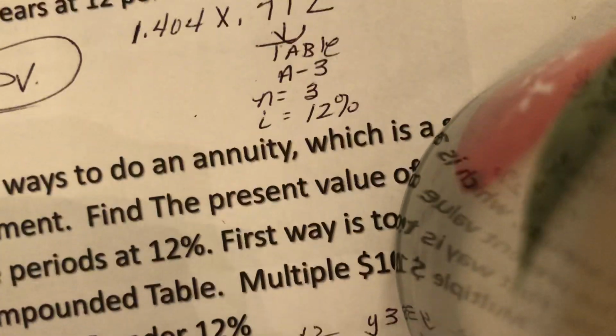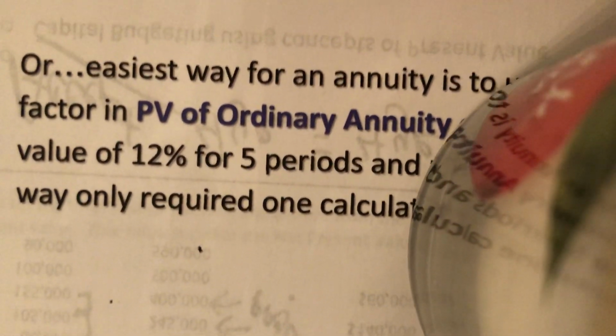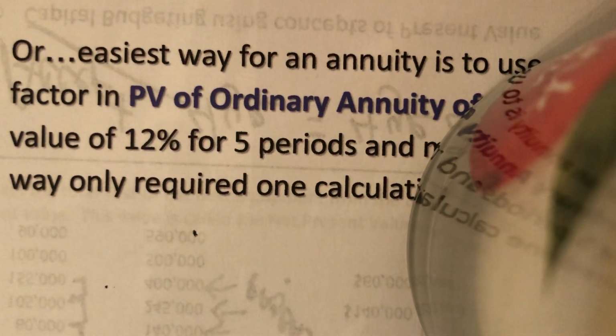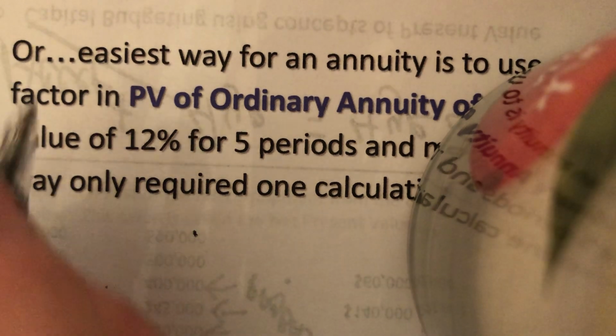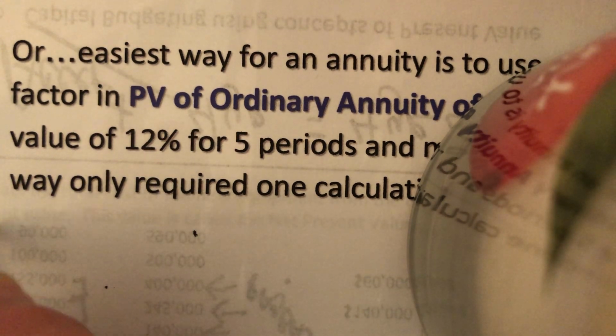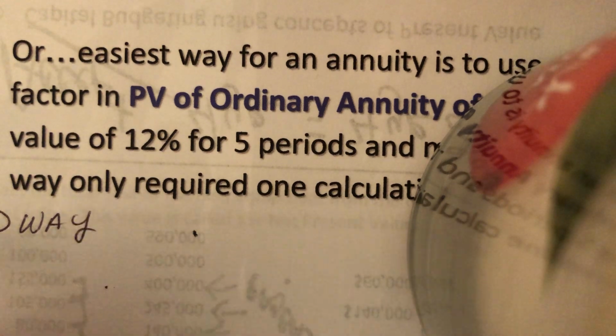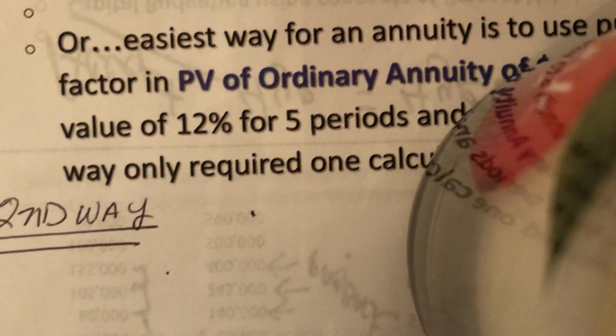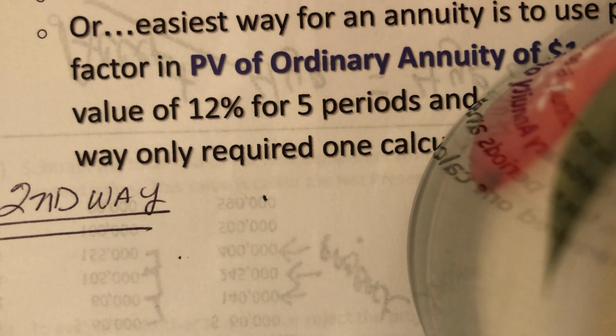So go to your next page. I didn't quite finish this one. Let's come back to this. There's a second way to do this problem. So this is the second way. Let me finish this. Okay, that's where you're going to use the annuity table. And I know this is complicated and confusing, and I wish I could be with you.